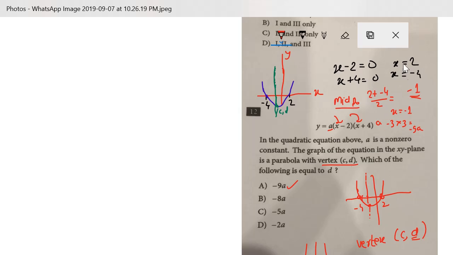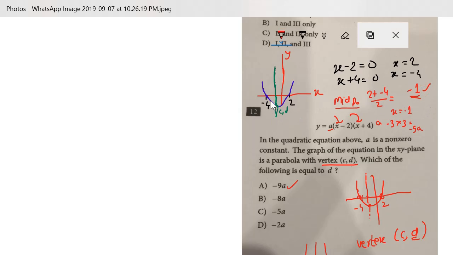Once I know these two coordinates, I can find the midpoint. How did I find the midpoint? I summed them up and divided by 2. So this becomes (2 plus minus 4) by 2, which is minus 2 by 2, which is minus 1.